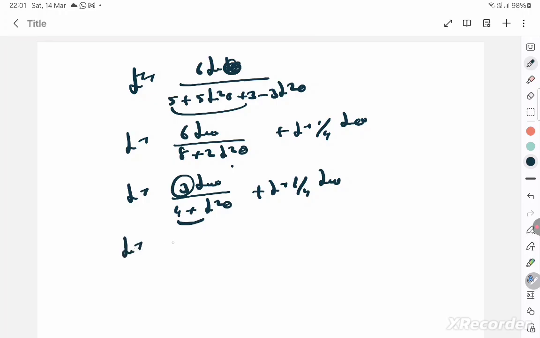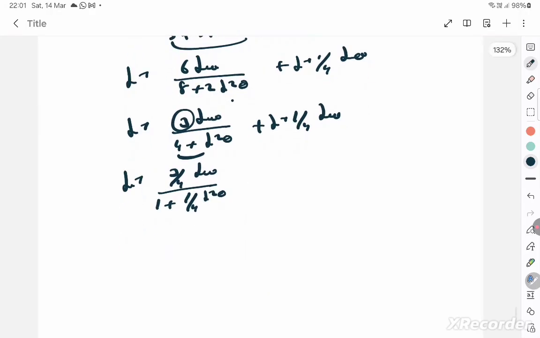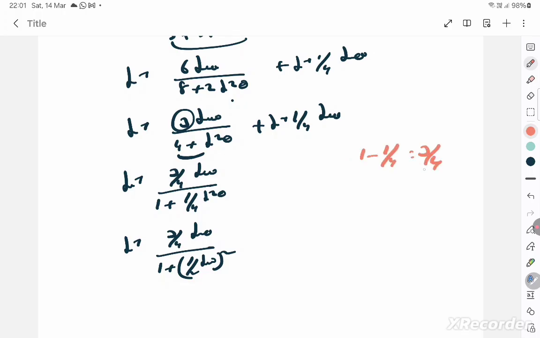So I'm just thinking, can I divide throughout by 4? So 3 by 4 tan theta by 1 plus 1 by 4 tan square theta, which is 1 by 2 the whole square. So can I assume this as 3 by 4 tan theta by 1 plus 1 by 2 tan theta the whole square? But I'm just trying to think, 1 minus 1 by 4, isn't it 3 by 4?